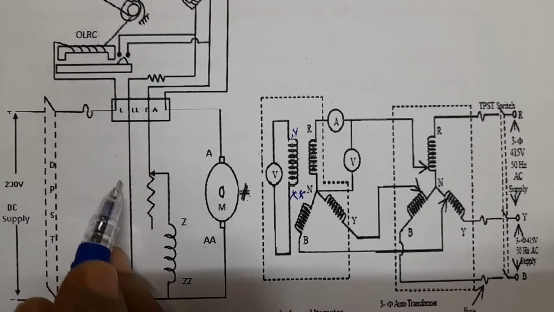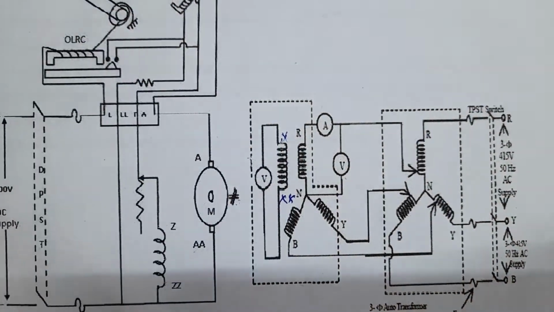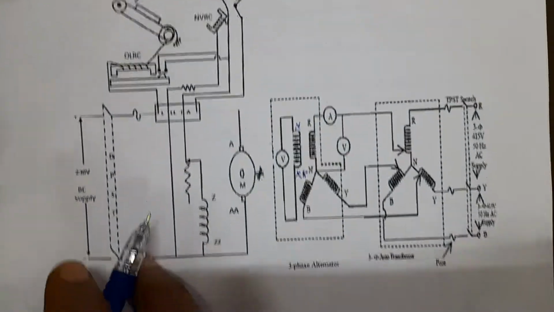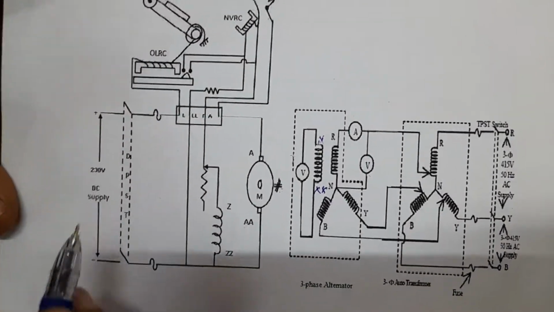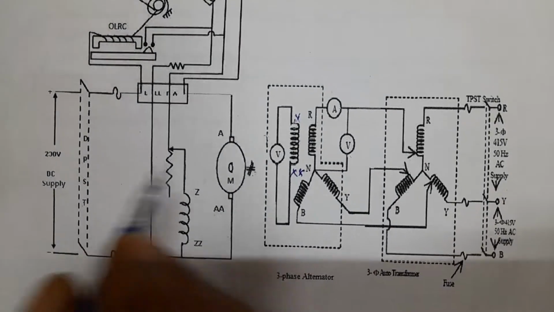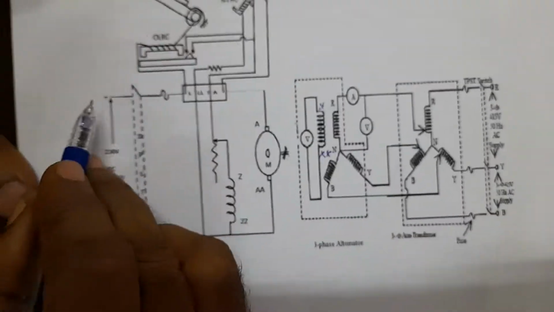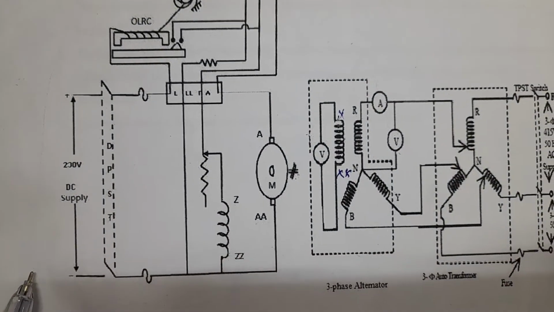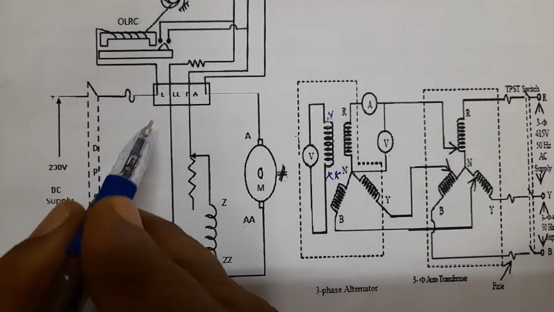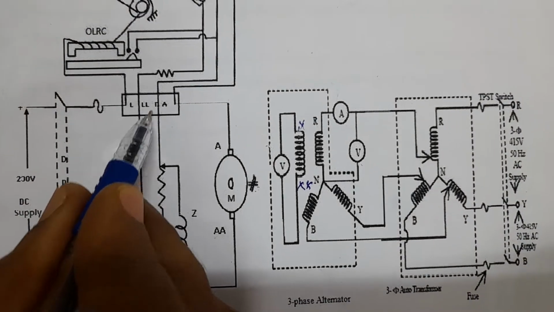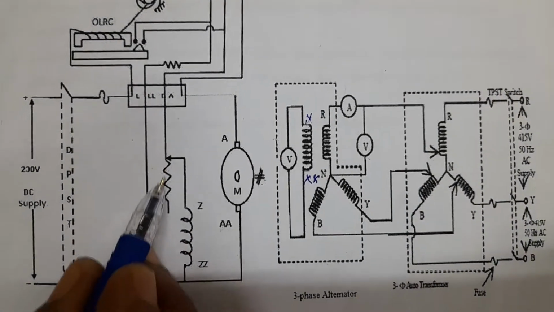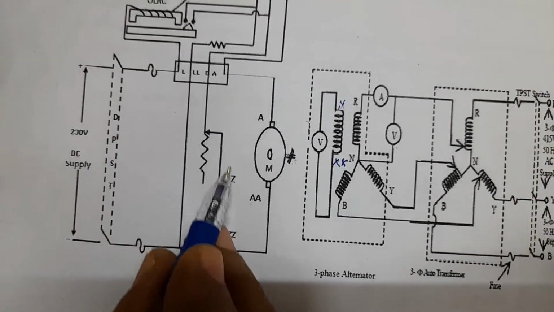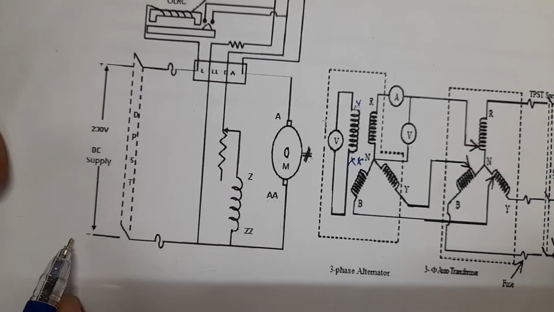And you can observe this is the circuit diagram for starting the DC motor, which acts as a prime mover here. As I explained in the previous experiment, from the plus terminal the connection is given to L, and LL is connected to the negative of the DC supply, and the F terminal is connected to one fixed terminal of the field rheostat, and the other fixed terminal is kept open, and from the variable point it is connected to Z, and ZZ is connected to the negative.